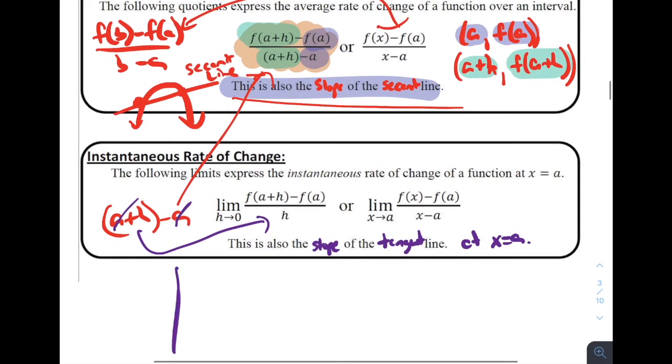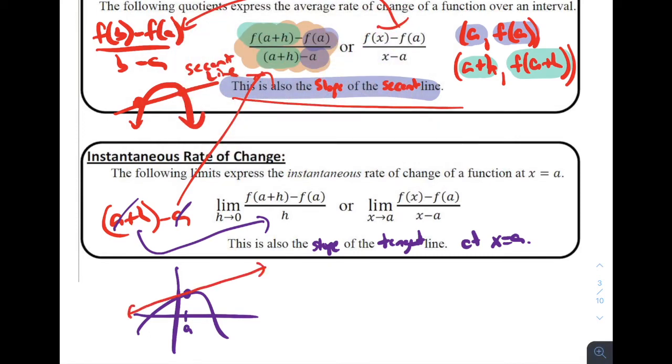So if I were to have some sort of arbitrary graph that looks like this, if that's my a, my tangent line would be the line that just barely touches. It has the exact same slope at that point. It would be the slope of the tangent line at that value. So the slope of the red line would be my instantaneous rate of change, which I'll say IROC.